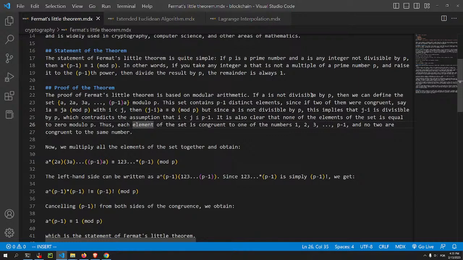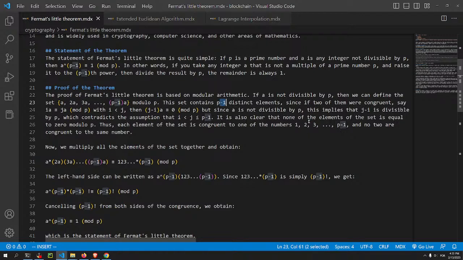Okay, so if it's not divisible, then it means that it has a remainder, so that's why you can define the set here. It contains p minus 1 distinct elements, because it's the multiplication of these times the number.